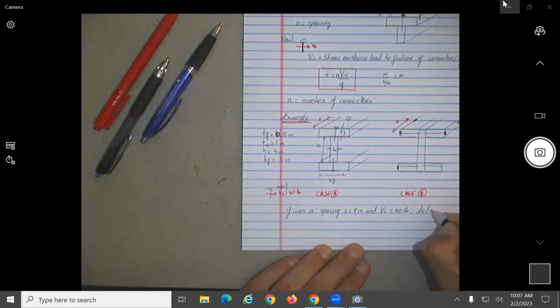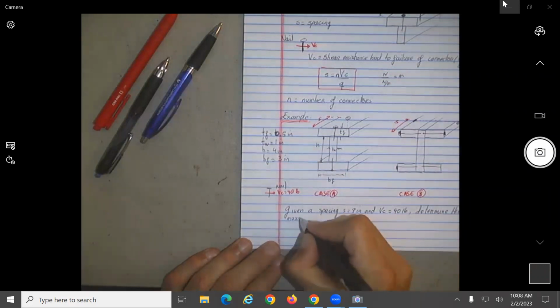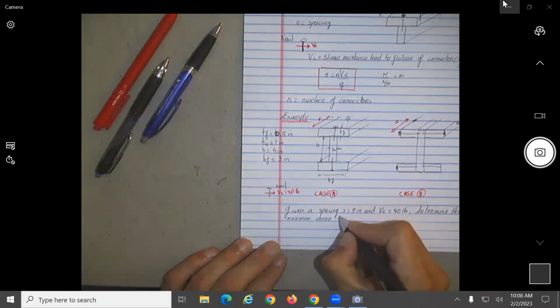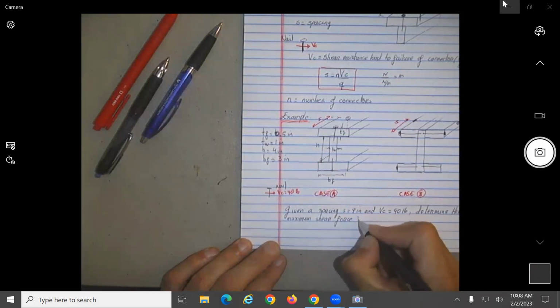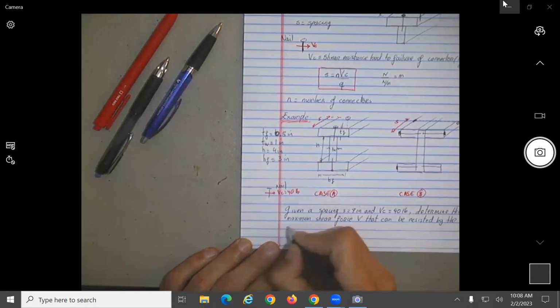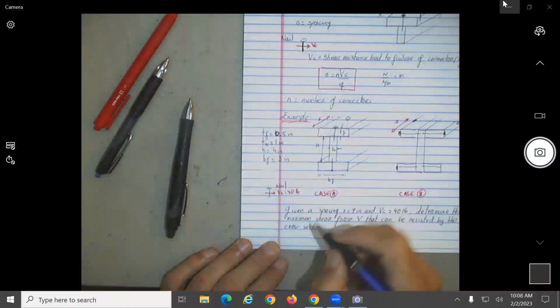Knowing that, determine the maximum shear force V that can be resisted by the cross section.